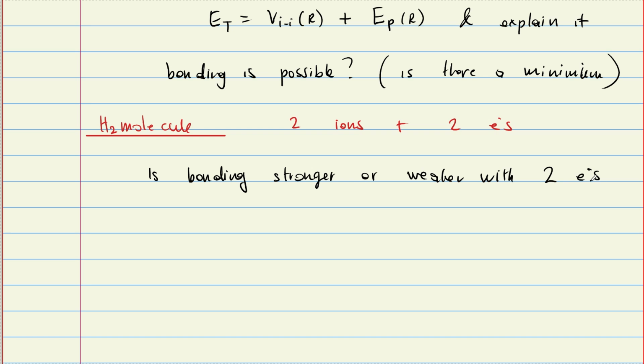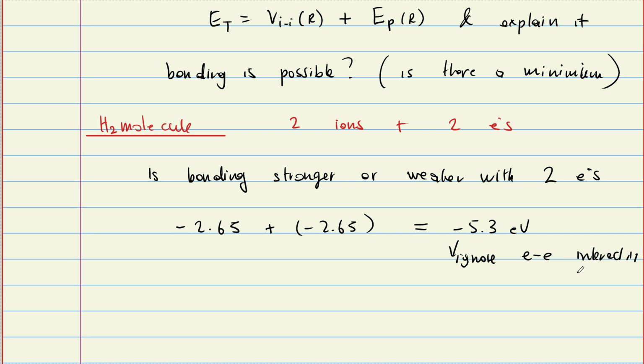A rough estimation is, suppose these two electrons are completely independent. Each does what it does, and for each there's a minus 2.65 molecular bonding energy, and another minus 2.65 molecular bonding energy. Maybe the total is minus 5.3 eV. So this one ignores electron interaction. And it turns out electron interaction is going to increase this value.